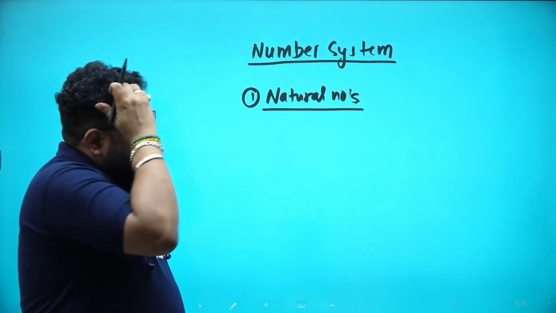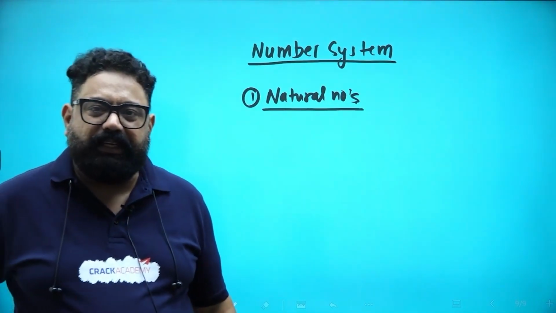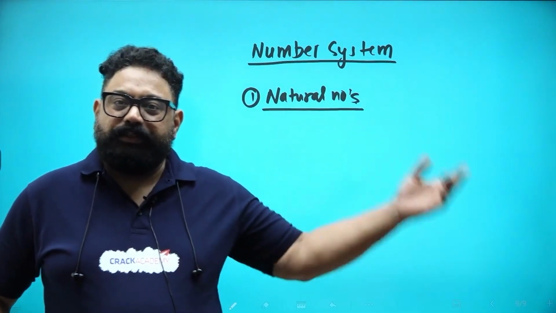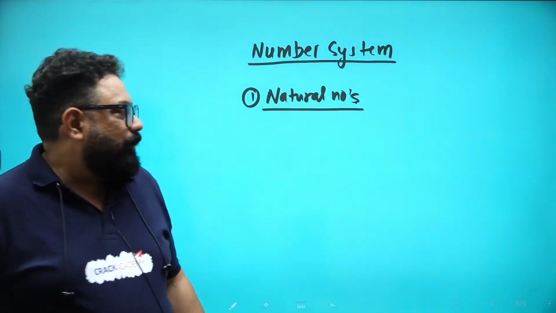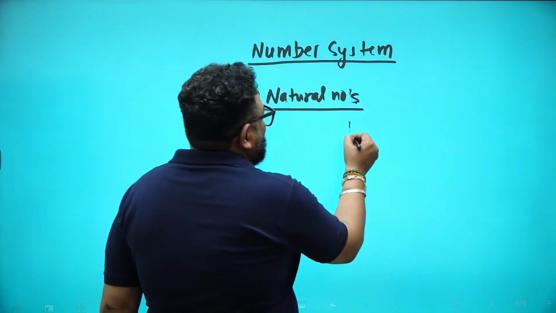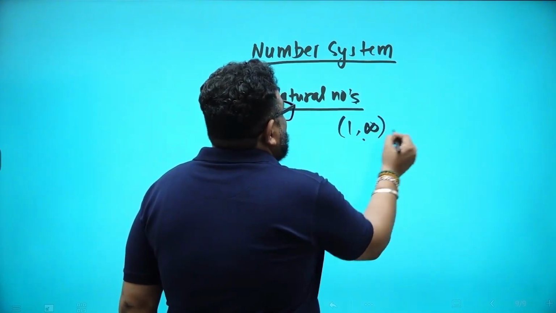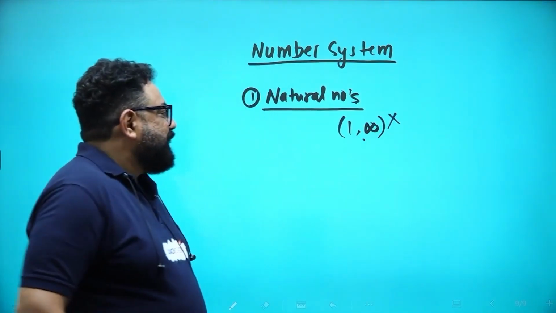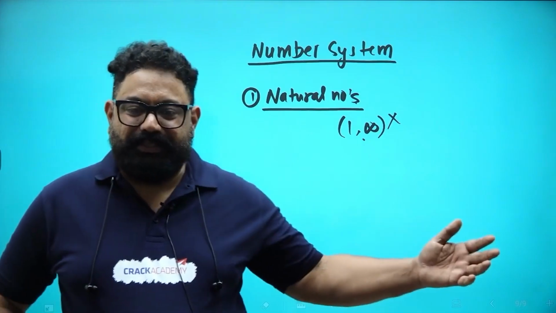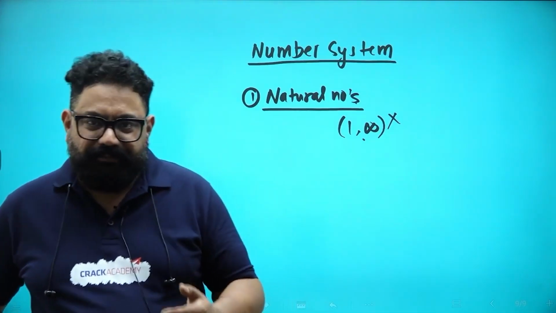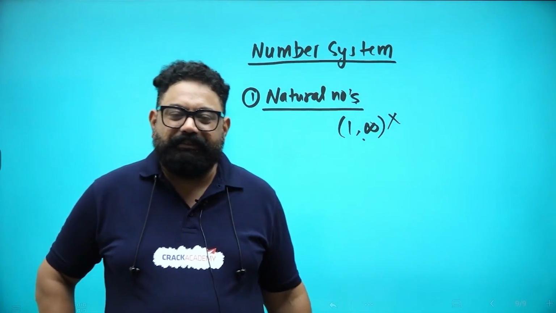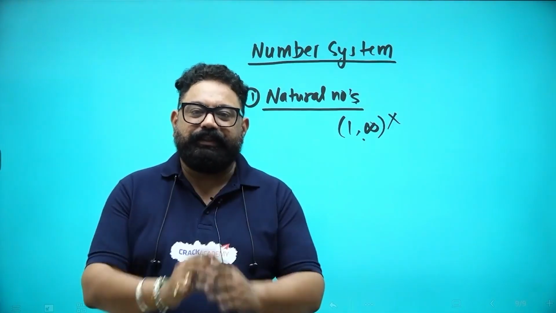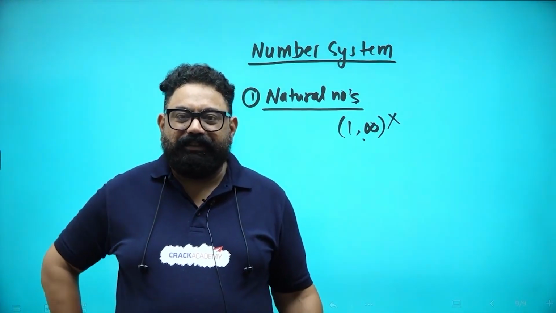So guys, what are natural numbers? Whenever I ask students, they say, sir, 1 to infinity. Now, when we talk about 1 to infinity, this is actually wrong. See, 1 to infinity is all numbers, right? Now, understand, we as humans were also animals.